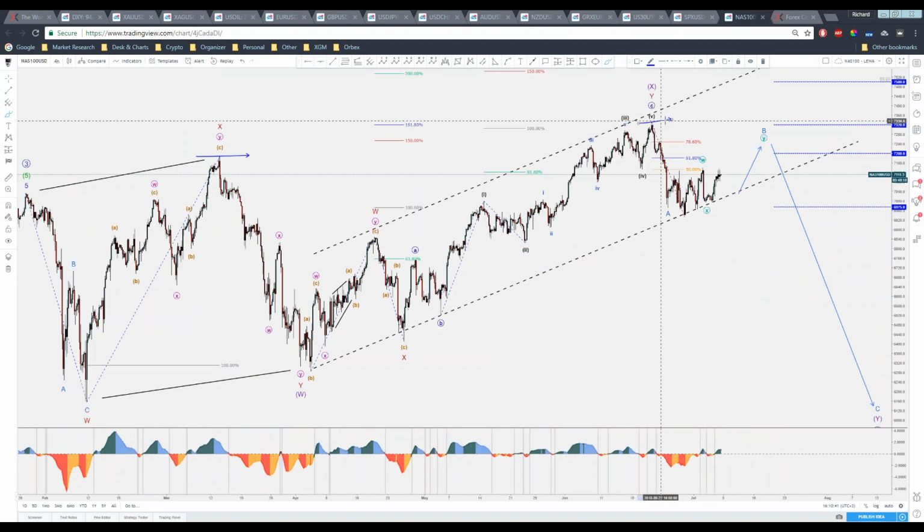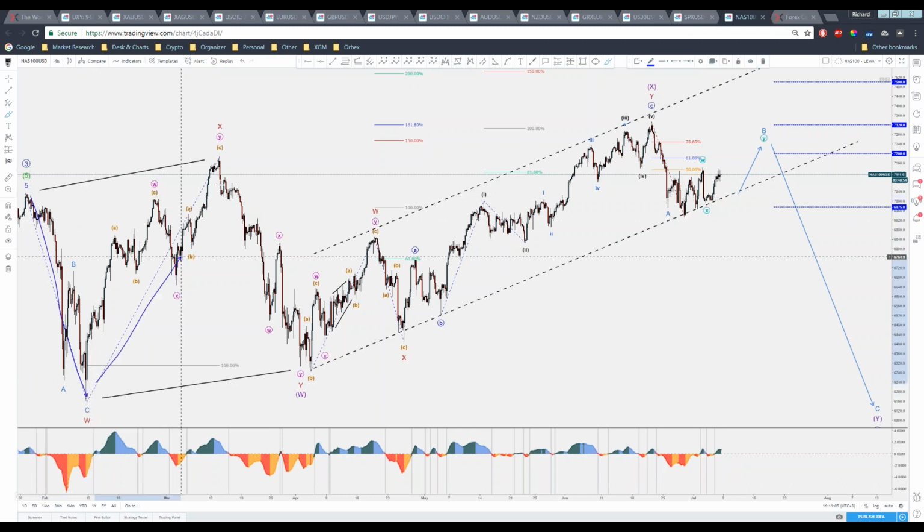This means that the Nasdaq and this move on the upside is not really being justified, in a sense that there's a divergence between them. They're not creating all-time highs together, not like before. So how am I labeling this? Well, it's labeled different because I'm seeing this as a WXY for a larger W in a running flat.